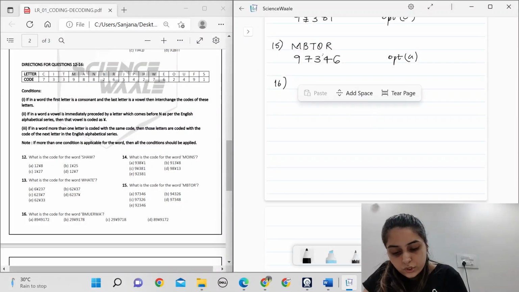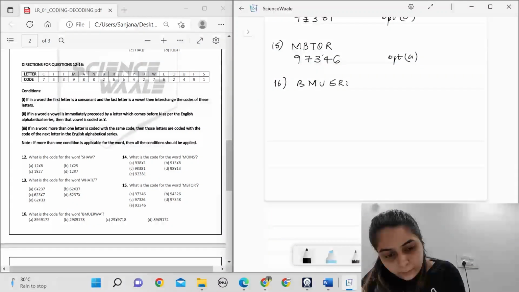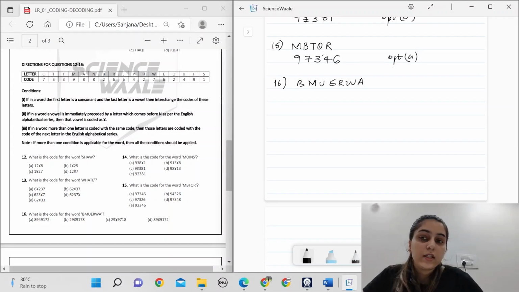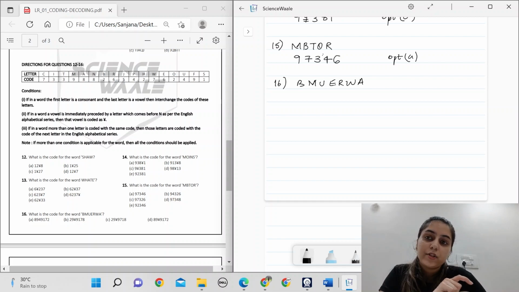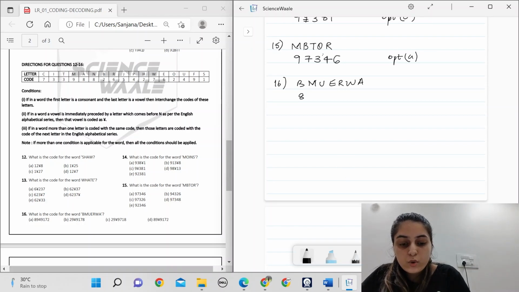Coming to the 16th question, they have asked us for the code of BMUPRWA. If we see this carefully, we recognize that here the first letter is a consonant and the last letter is a vowel. So we need to exchange the codes of those. The code of A is 8, so it will be written here. The code of B is 2, it will be written here. The M stands for 9.